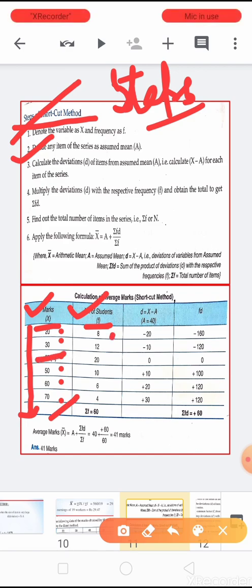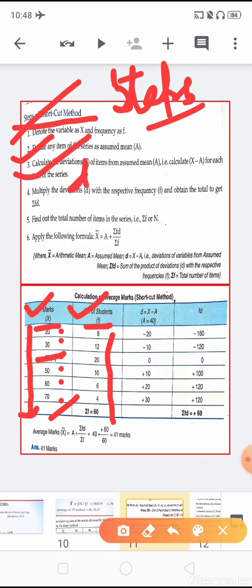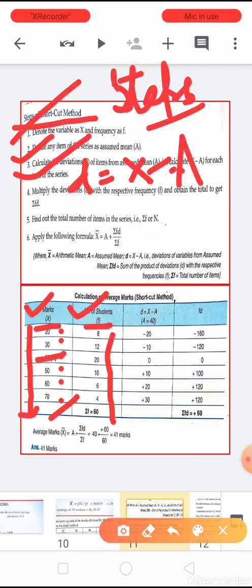Now the frequency we have written just next to the marks. Then we need to calculate the deviation. So deviation d can be calculated from the assumed mean for each of the marks of the series. So d equals x minus a.